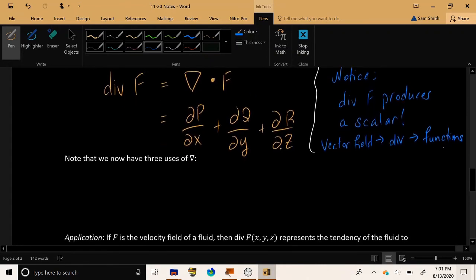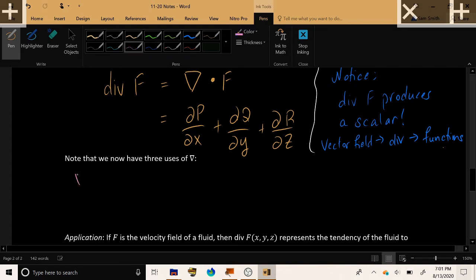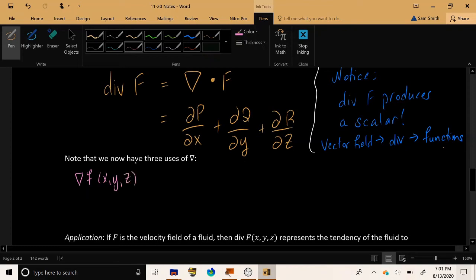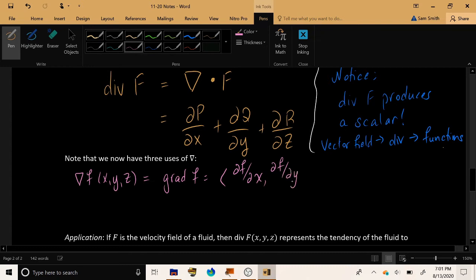Now notice as well that we have now been using the symbol nabla in actually three different ways. We have nabla f for a function of x, y, z, which represents the gradient vector of f, or partial f, partial x, partial f, partial y, partial f, partial z.